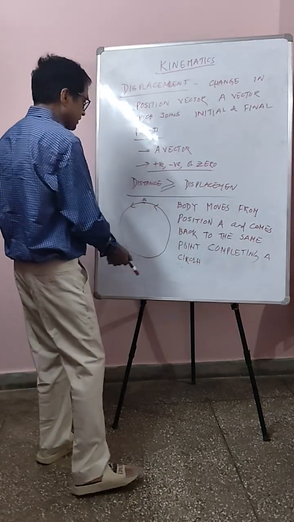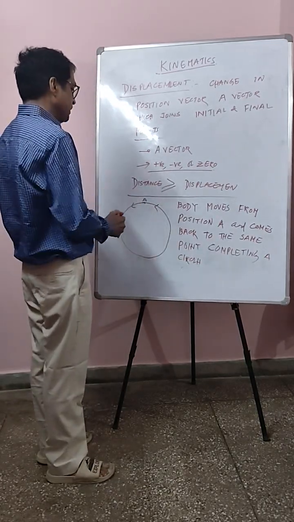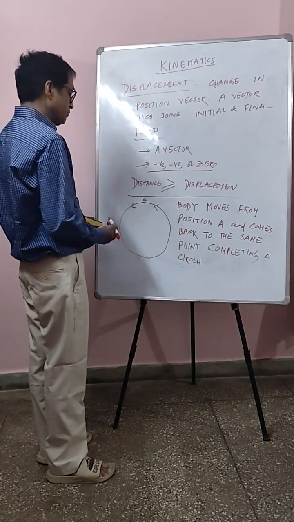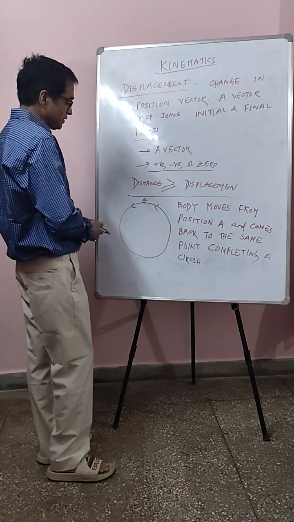So in this circuit, the body moves from point A and comes back to the same position A by completing the circle. So what is displacement in this case?